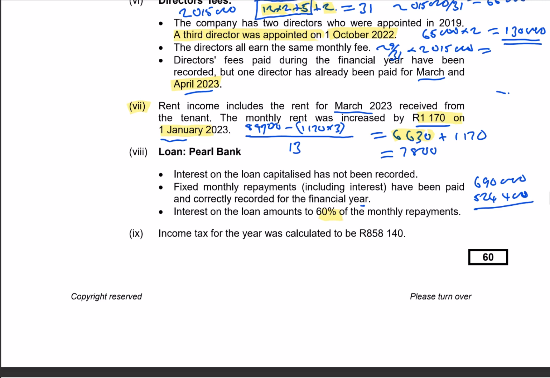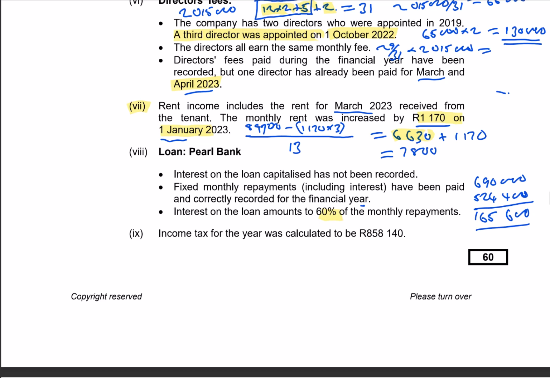So this will give you a total repayment of 690,000 minus 524,400. That's 165,600.